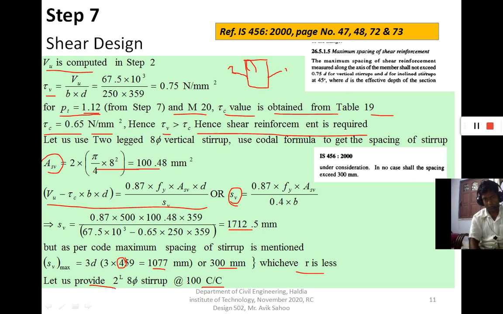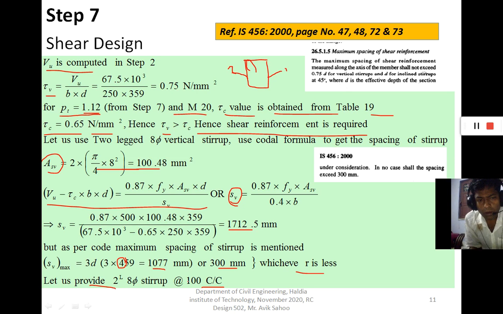Although the maximum is 300, we provide 100 to get better confinement of the bar. Such closer spacing we have used, and these are basically standard spacings which are used on site.